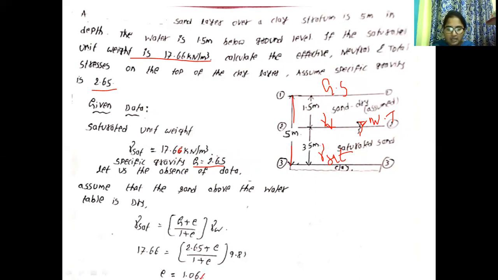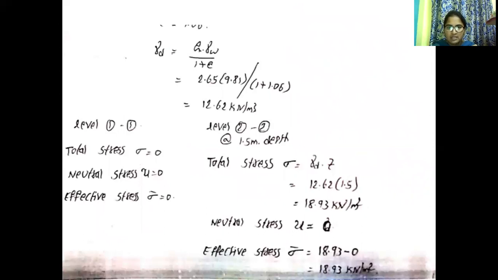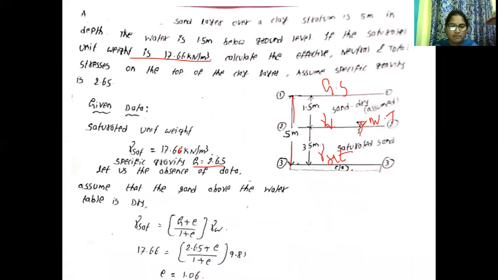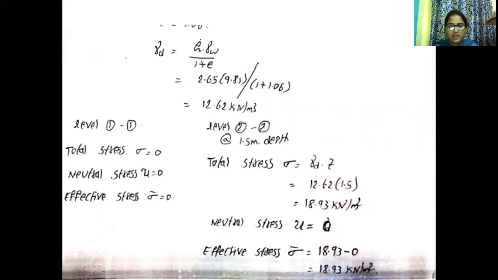And what is the equation of gamma d? Gamma d is equal to G gamma w by 1 plus e. This is taken from unit 1, the introduction, basic formulas. We already have that G value 2.65 and gamma w 9.81 by 1 plus e, which is 1.06, that is equal to 12.62.